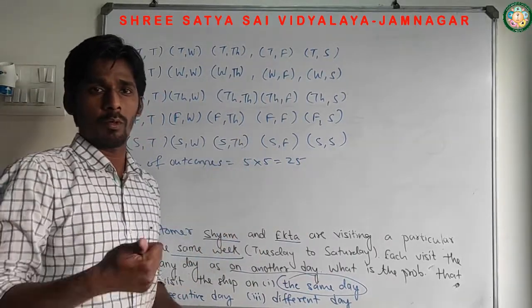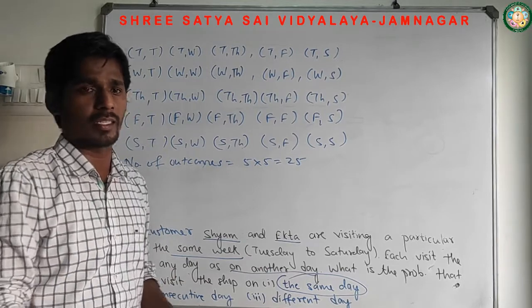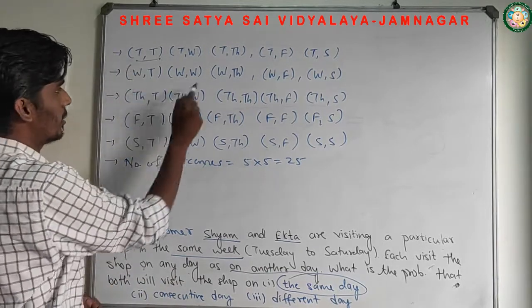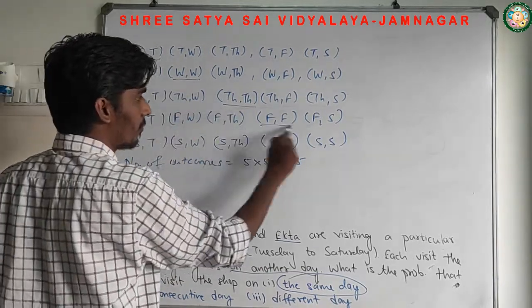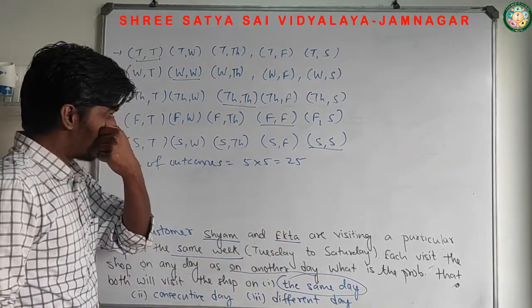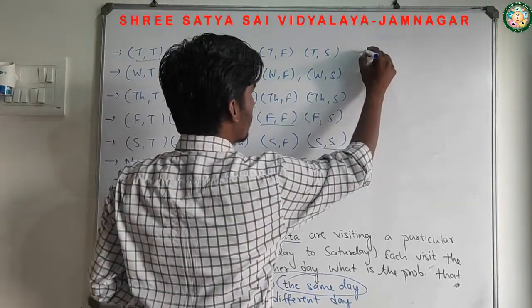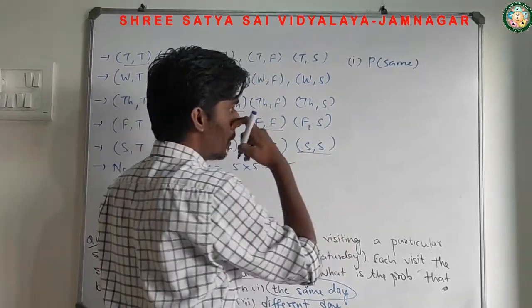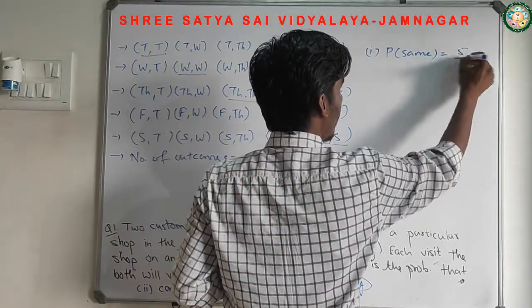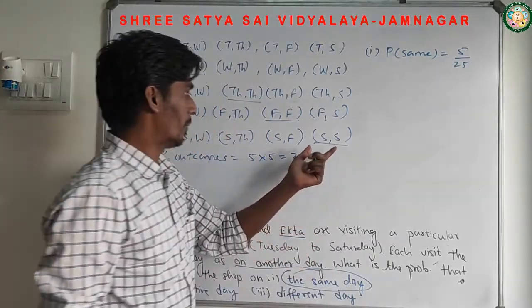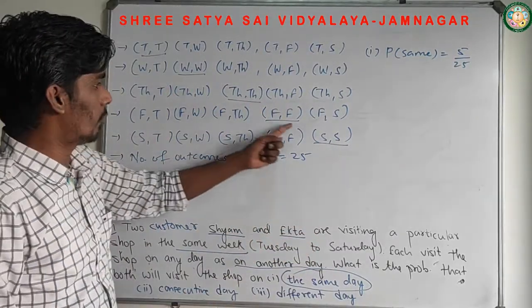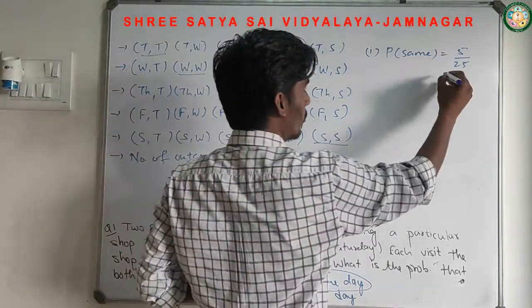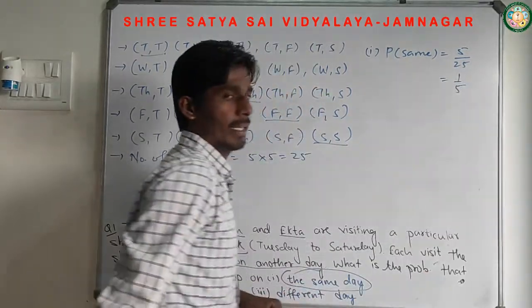Same day means both on Tuesday, both on Wednesday, Thursday, Friday, Saturday. So what is our first answer? The probability of the same day is 5 out of 25. Favorable outcomes 1, 2, 3, 4, 5. That's 5 upon 25. Answer is 1 upon 5.